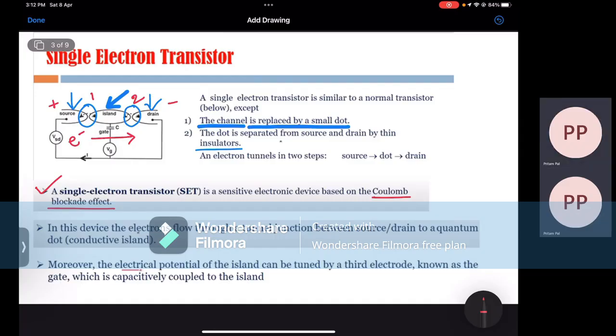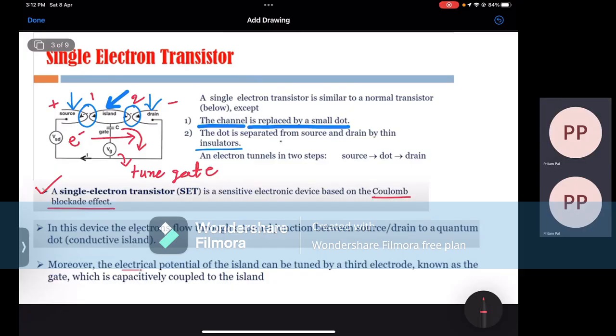If an electron wants to cross from the source to the island, it must cross the potential barrier. This potential barrier can be tuned by a third electrode, which is the gate electrode that you can see. So we have used a gate here. By tuning the gate, we can change the barrier.